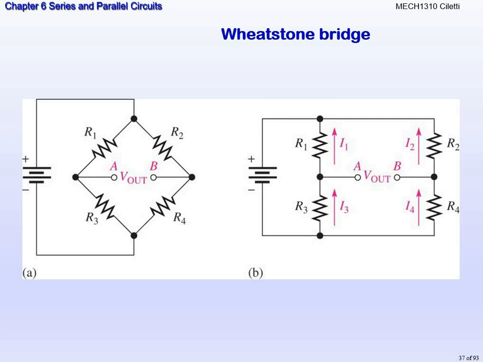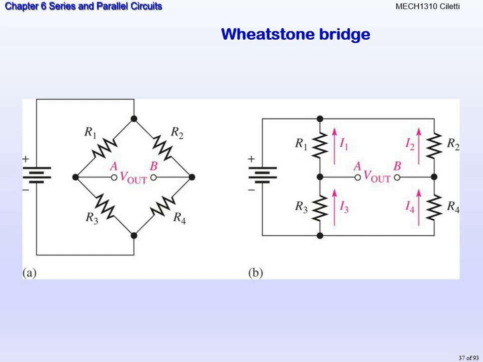Right, this is the Wheatstone bridge. Very important circuit. Those of you going to be electrical engineers, you're going to work on it in Circuit Analysis 1. Again, we use this to do a lot of different control voltages. Alright, so this is the same circuit. In Figure A, we call it the Wheatstone bridge.